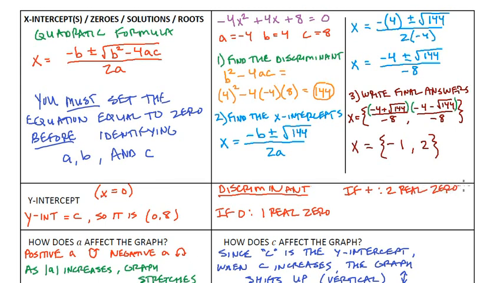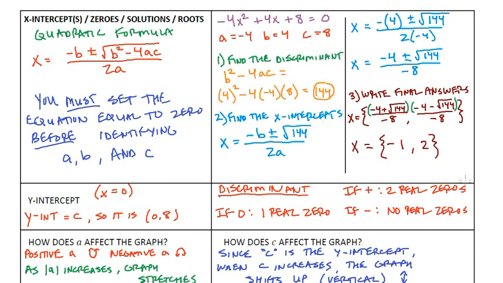Remember, we can use the word zero to describe our x-intercepts. And if the discriminant ends up being negative, like -10 or -50, then you know immediately, class, there are no real zeros. That means this parabola never touches the x-axis.